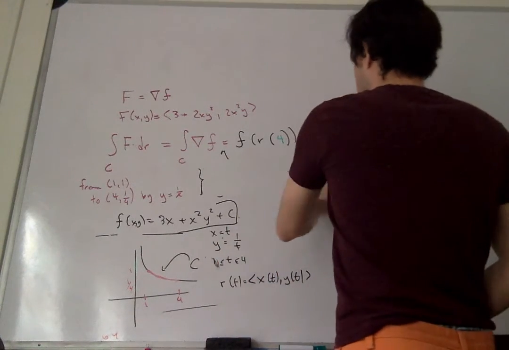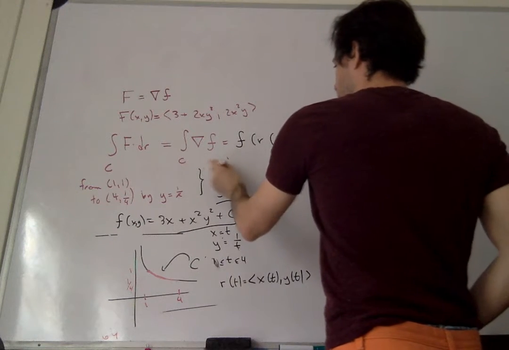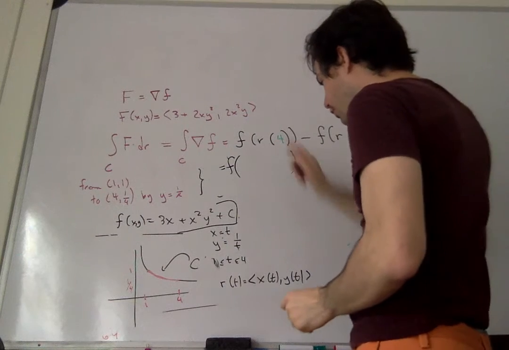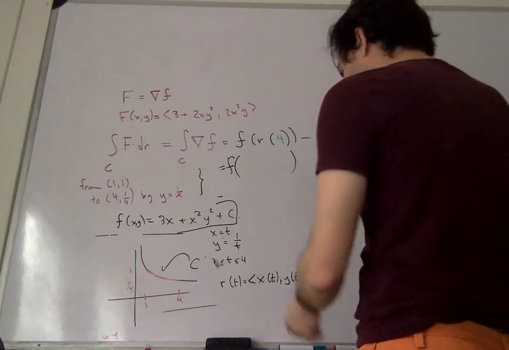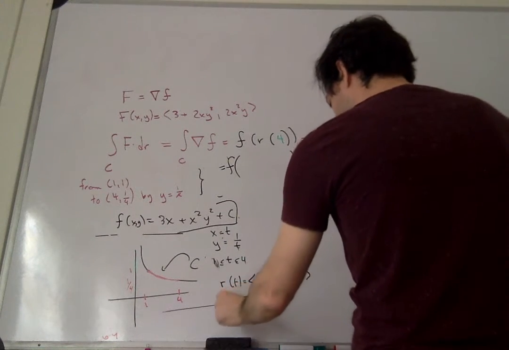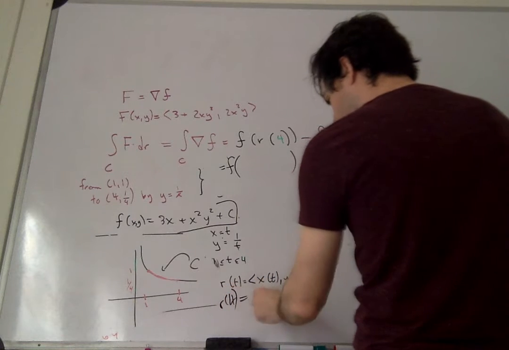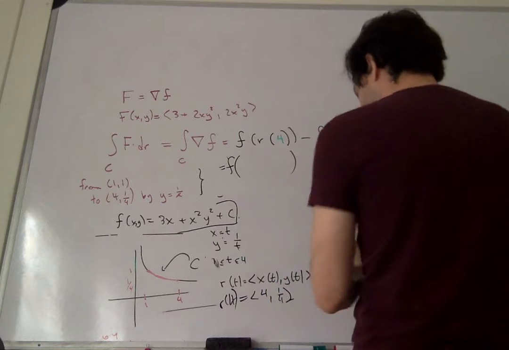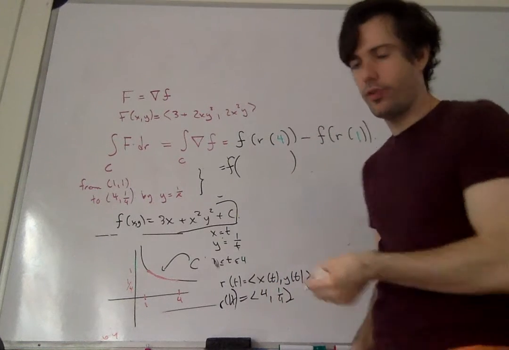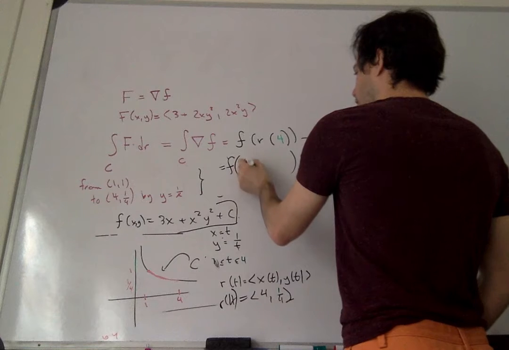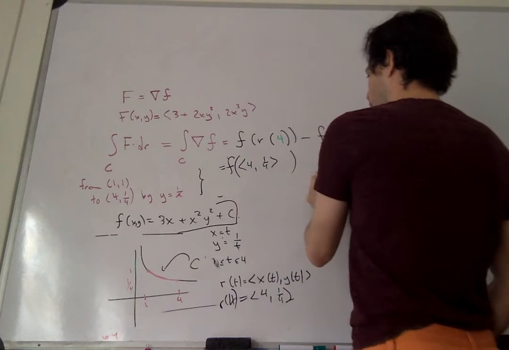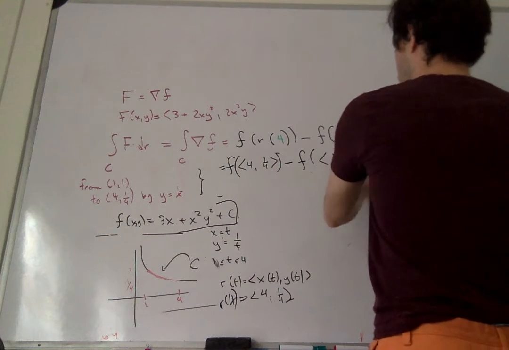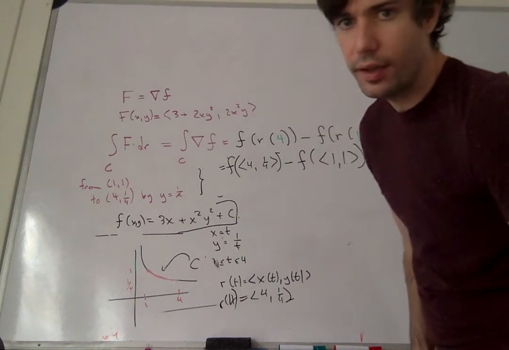So let's just think about it for a second. r of 4, well, what could that be? That has to be down here. If I just plug it in, r of 4, well, that's 4, and that's 1/4. So this is f of 4 and 1/4 minus f of 1, 1.